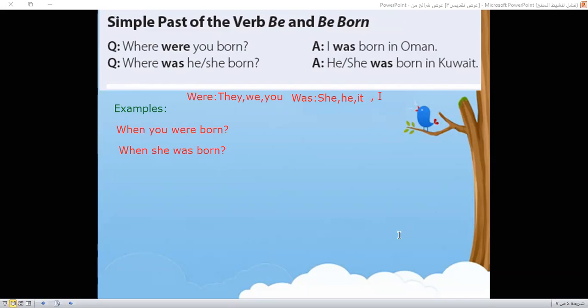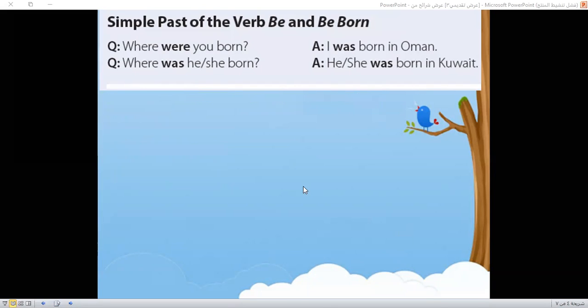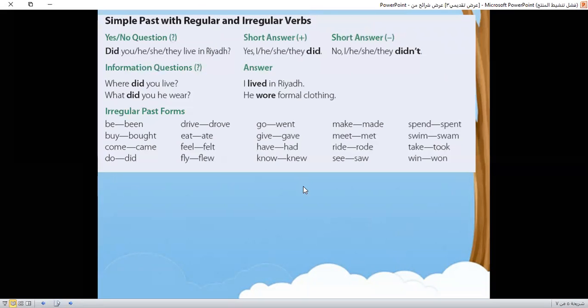Okay, let's move on. Now, the last thing that we're going to explain today is the simple past with regular and irregular verbs. First of all, I'm going to talk about how to write a yes or no question in the past simple. In the beginning, we explained how to write yes or no questions in the present simple using do and does.